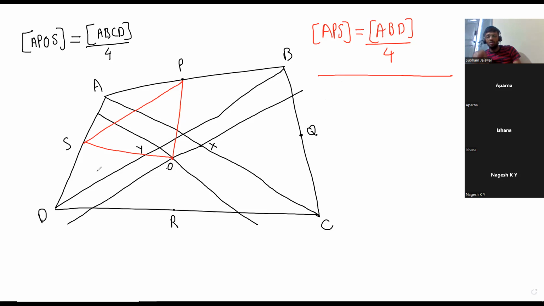Now we want to show that this SPO will have to be 1/4 of BCD. This is what we have to show, right?